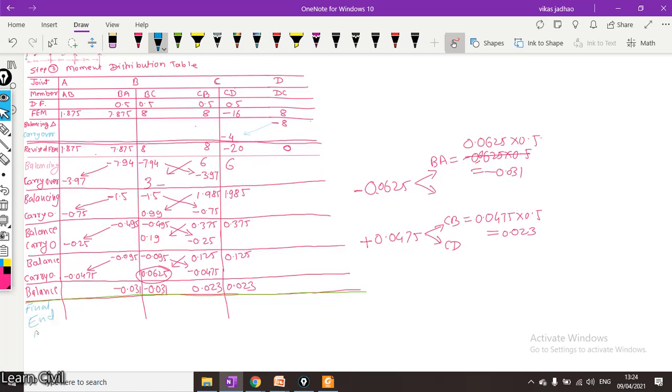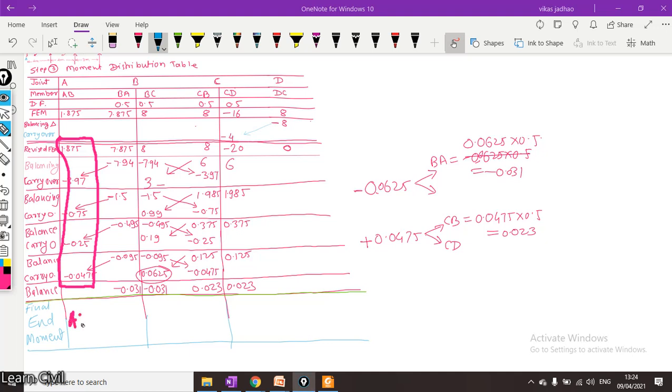For calculating the final end moment we have to sum all these values from this revised fixed end moment value. We have to add from this to this. So we'll get the final end moment for AB.